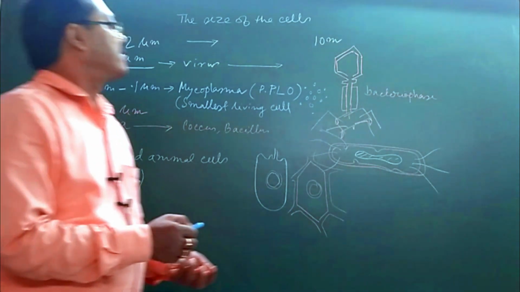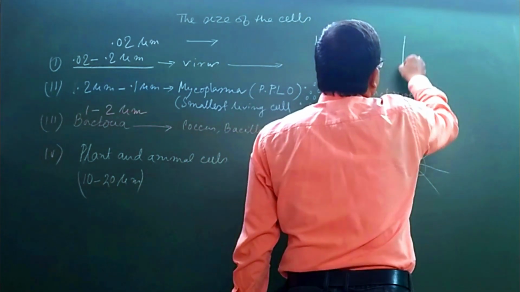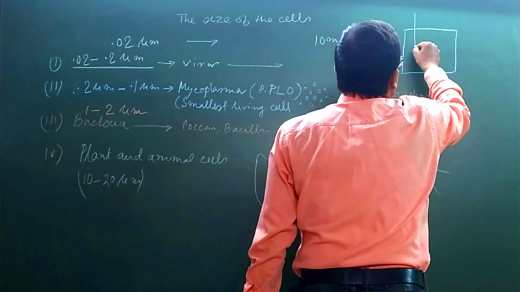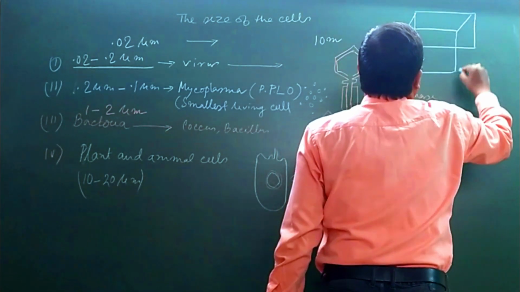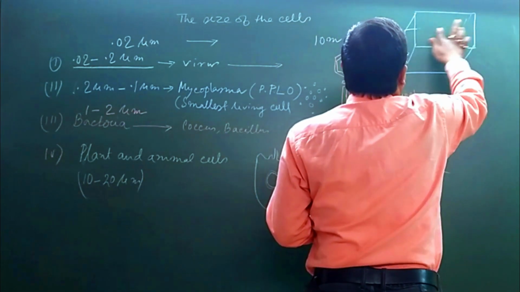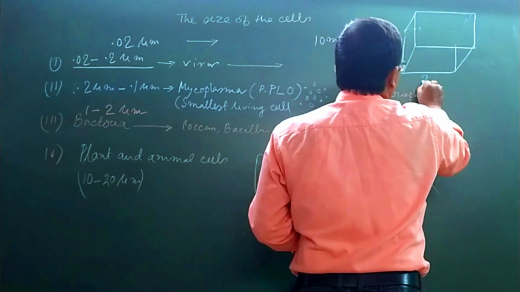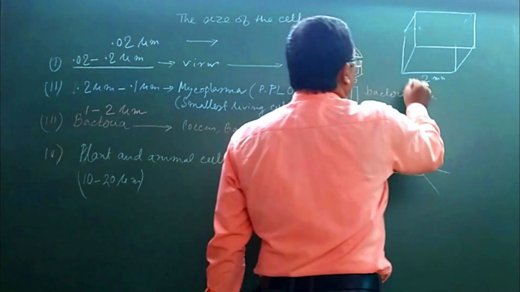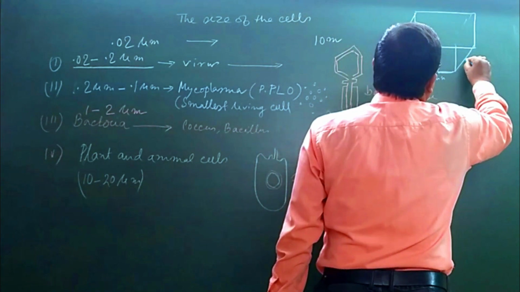Size is very important when a large cell, suppose this is a cell having a diameter, breadth, length of 2 millimeter. If the cube has height, breadth and length of 2 millimeter each, 2 into 2.